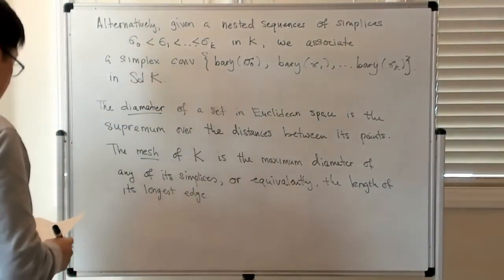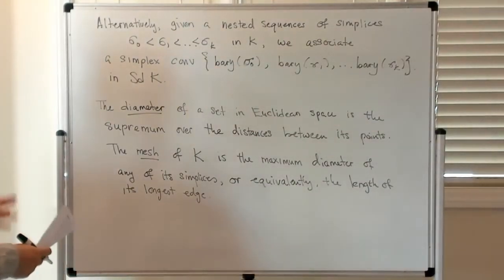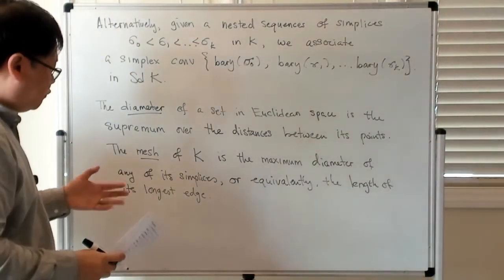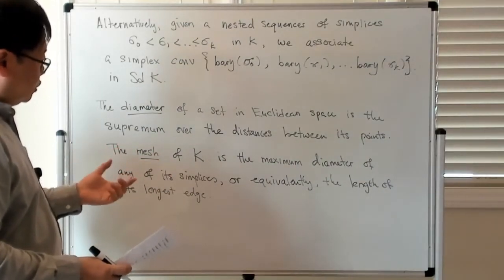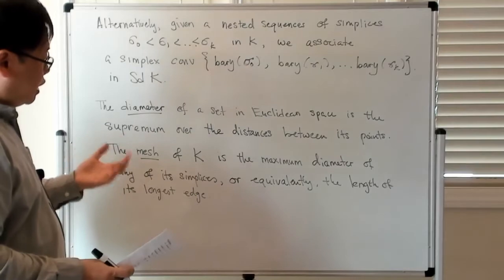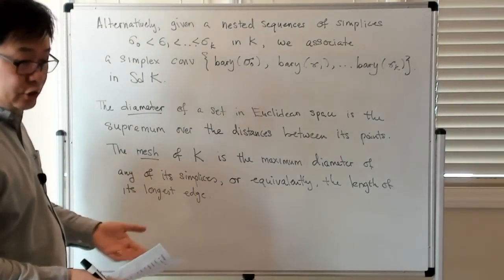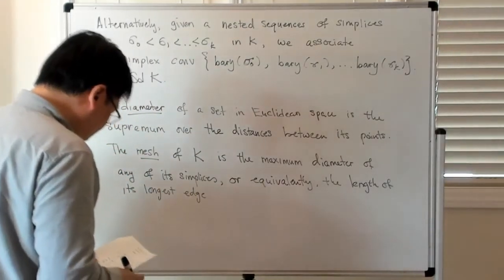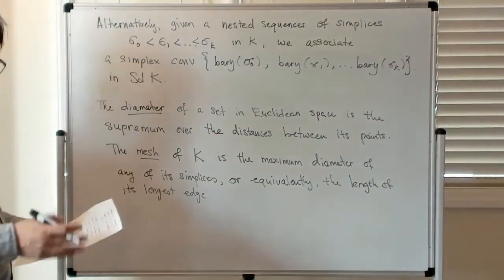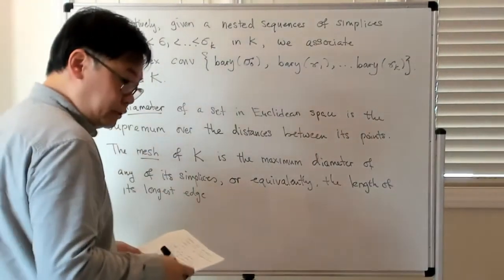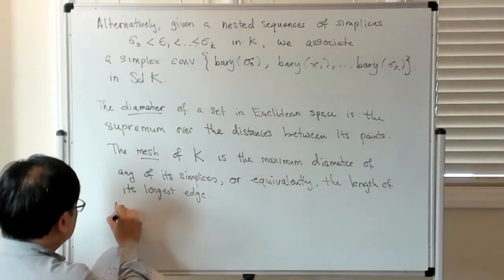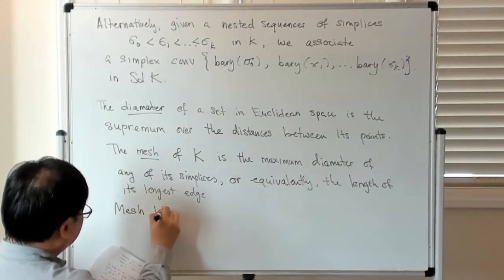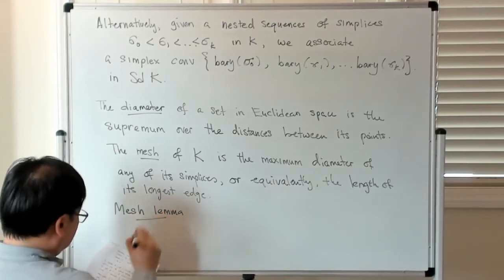So there's a mesh lemma which has to do with what happens if you start with a simplicial complex with a particular mesh size and you apply barycentric subdivision to it, how that decreases. I will just state the theorem and I won't prove it, but we'll use the result later on. So the mesh lemma is as follows.